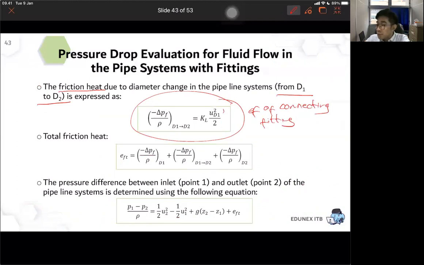You use the velocity at the inlet of the connecting fitting, so it's D1. If you connect D1 to D2 using a fitting, the calculation of the EF of the connecting fitting uses the inlet velocity. So the basis is the inlet.